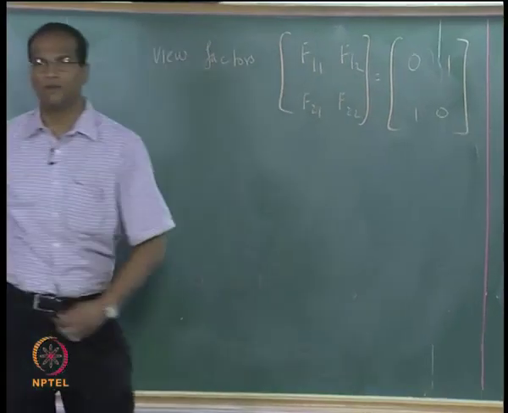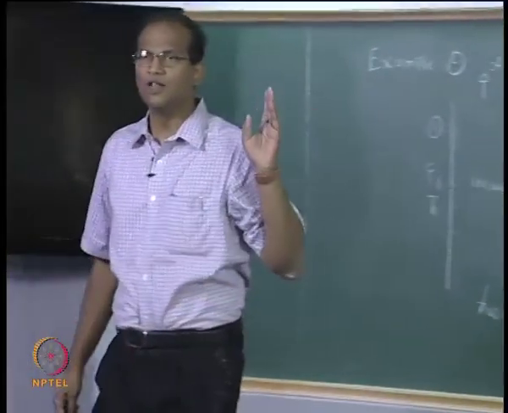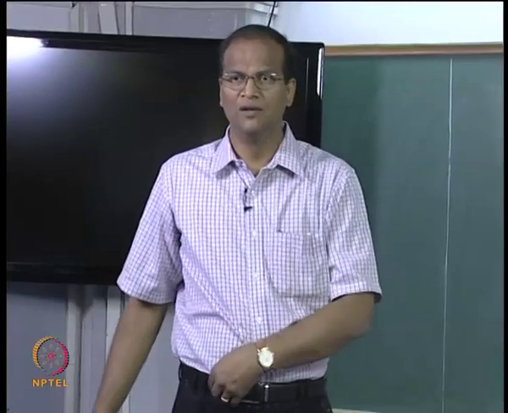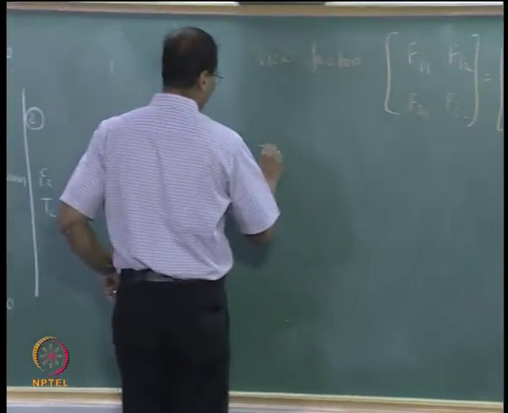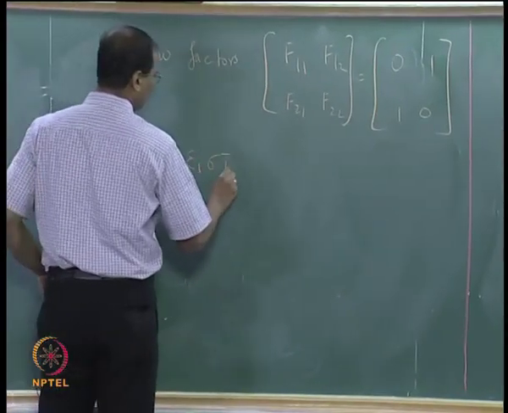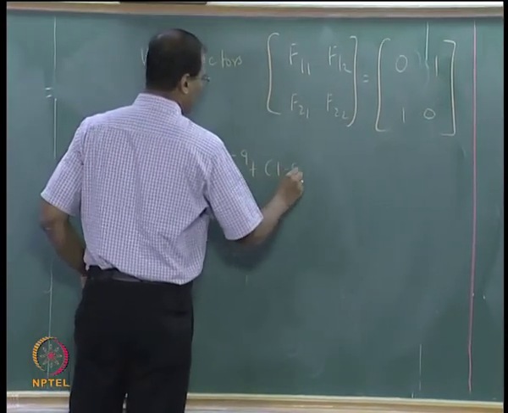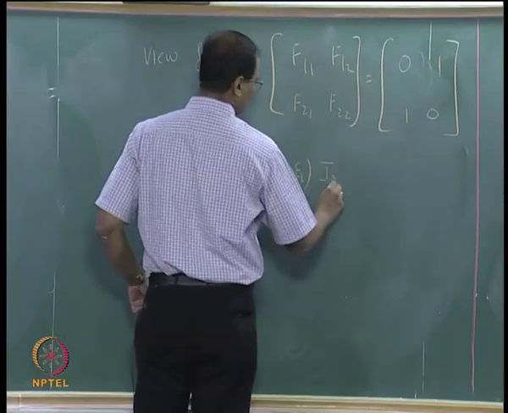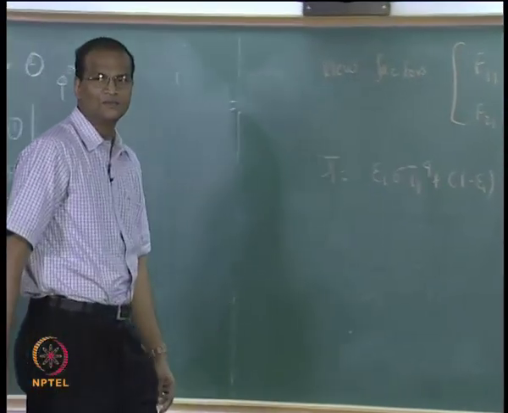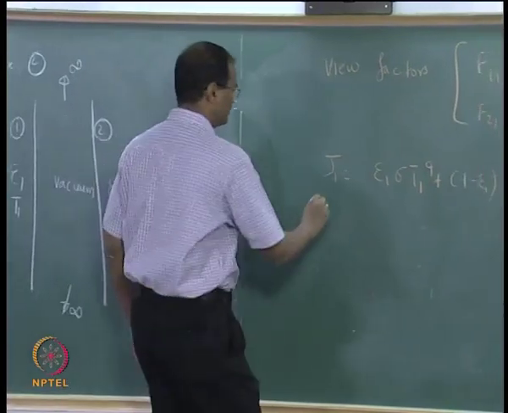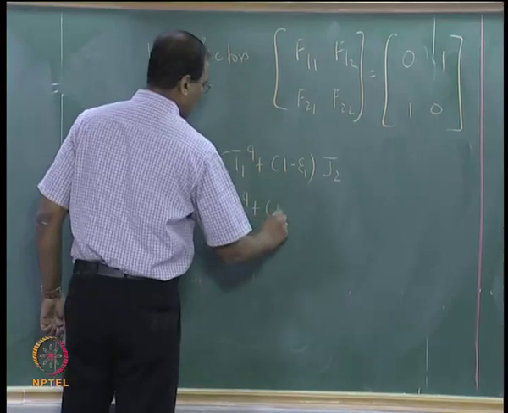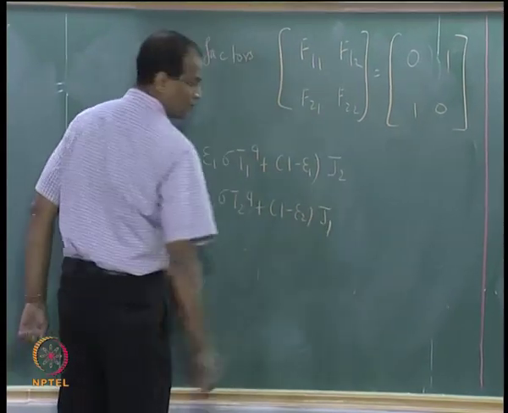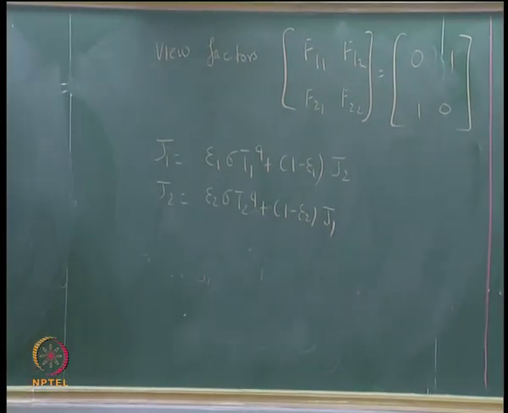Correct? All of you look at the board, first step, it is so simple, everybody knows this. Now write the radiosity relation. Can I write like this? Fine. I have already incorporated the information I have on the view factors.